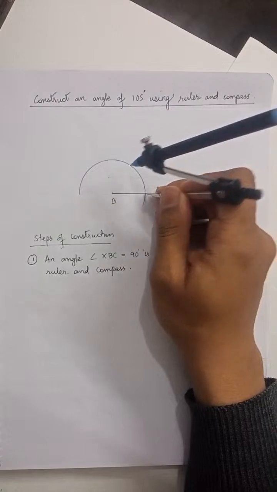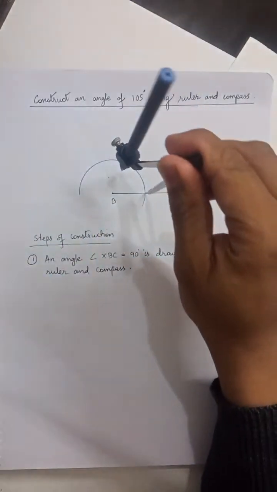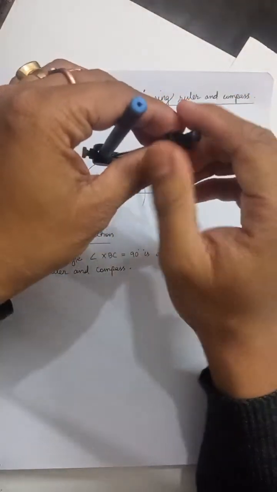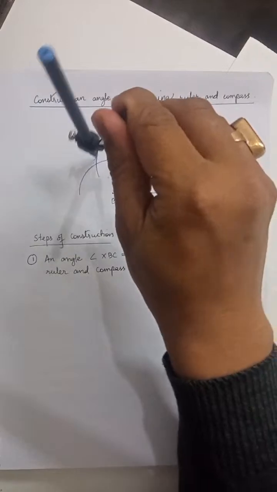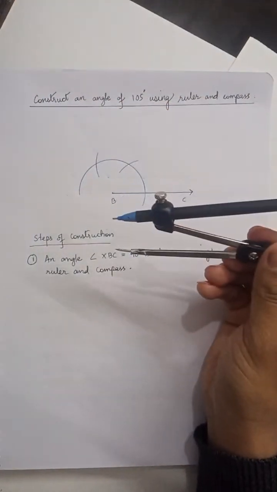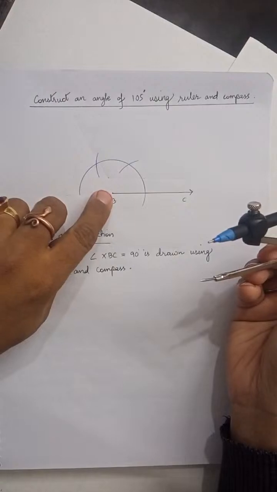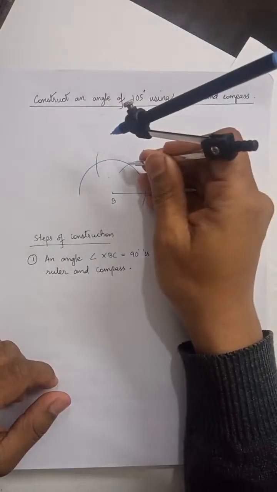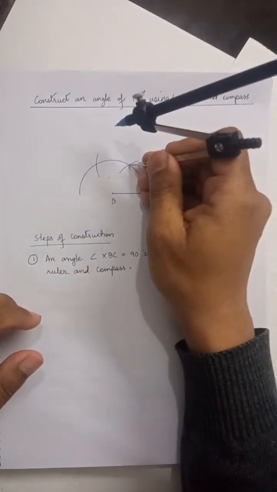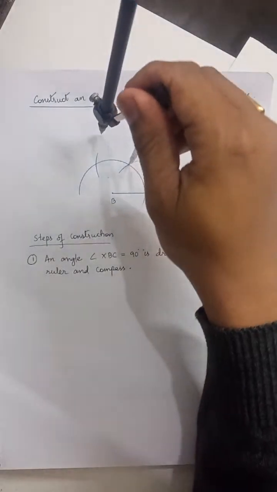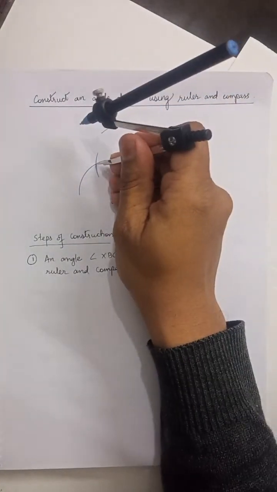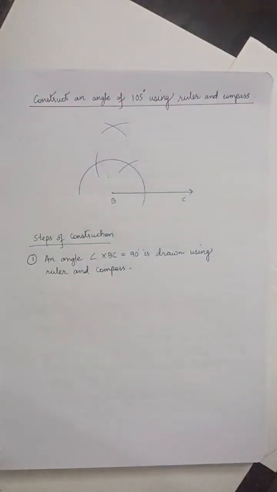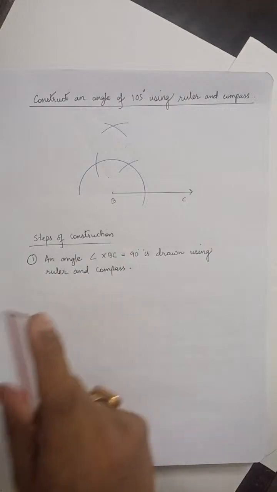We'll place the tip here and then draw two arcs without changing the measurement. So without changing the measurement, we have drawn two arcs. If we draw a ray through this point, we'll get 120-degree, but we'll come to that later. Let us finish off with 90-degree first. From these two intersecting points, we will draw two more arcs. Okay, so this is going to be our angle XBC equal to 90-degree.